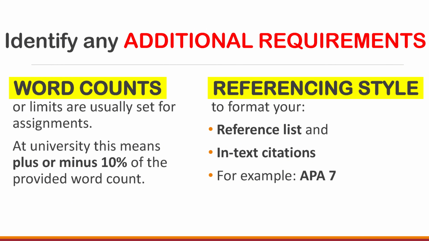Now, the other specification will be the referencing style. You have to format your reference list and your in-text citations in a particular way for your particular subject and degree. For example, APA 7.